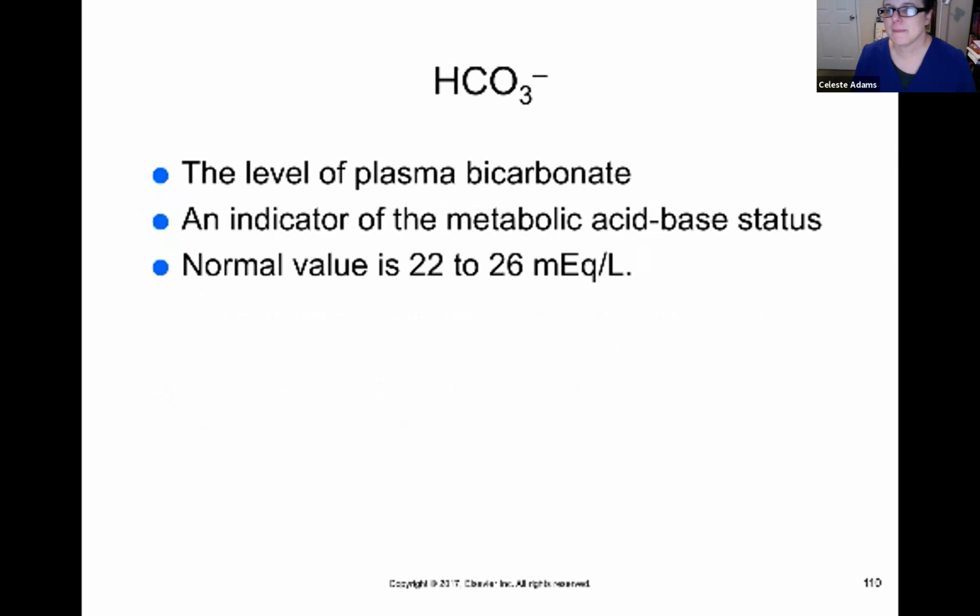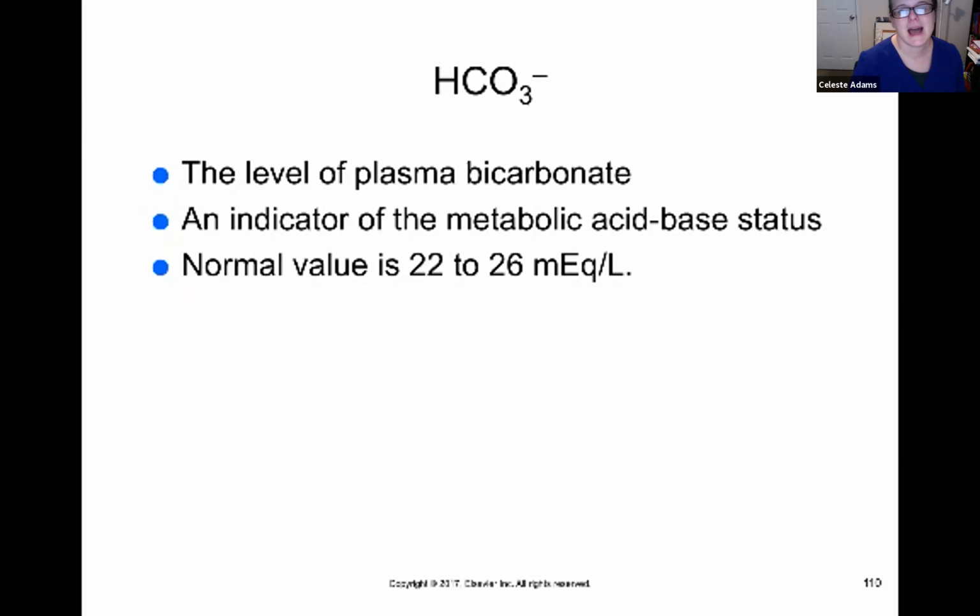HCO3, bicarb. This is another one that you're going to need to know for problem solving. This is the level of plasma bicarbonate, the amount of bicarbonate in the blood. When we say plasma, I also want you to think blood too. It's an indicator of the metabolic acid-base status. Just like pH, it's going to indicate whether you're too acidic or too basic.